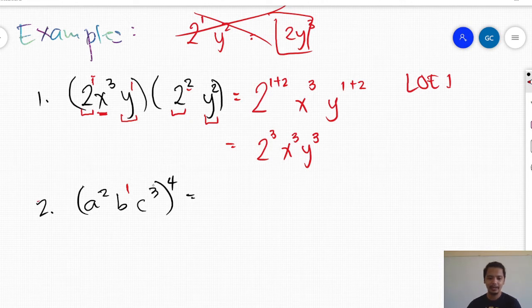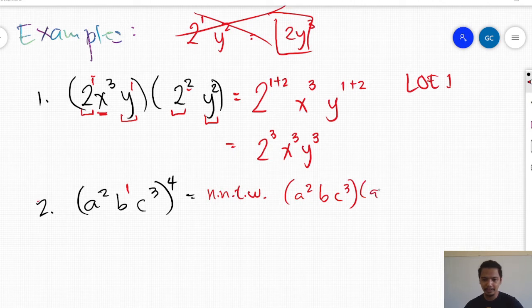So, bali kasi ang mangyayari dyan, class, since ang itsura niya, kung i-expand natin, pero hindi nyo to kailangang isulat. No need to write, pero ganito yung magiging itsura niyan. So, parang mangyayari lang dyan, we have there a square, b, c cube.